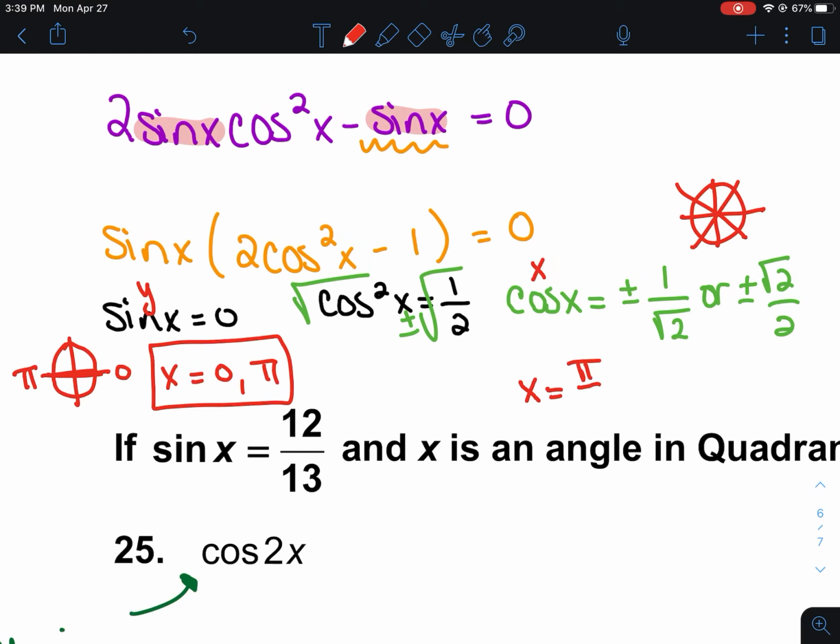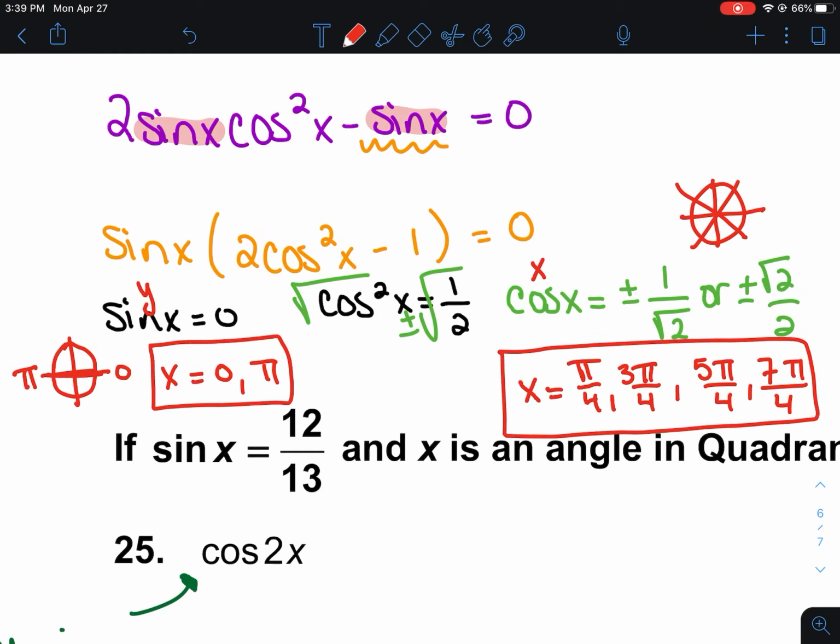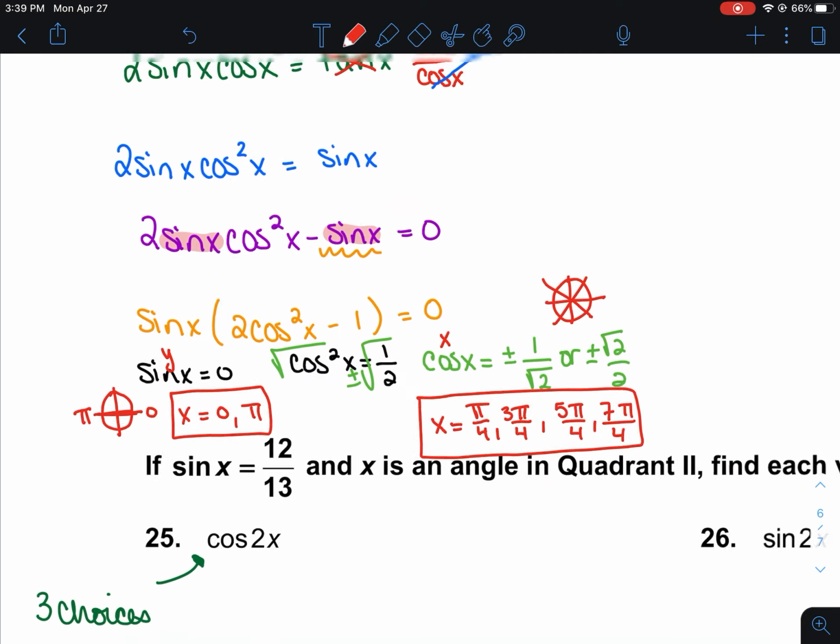That happens at pi over 4, 3 pi over 4, 5 pi over 4, and 7 pi over 4. Okay, so all 6 of those answers work for this problem.